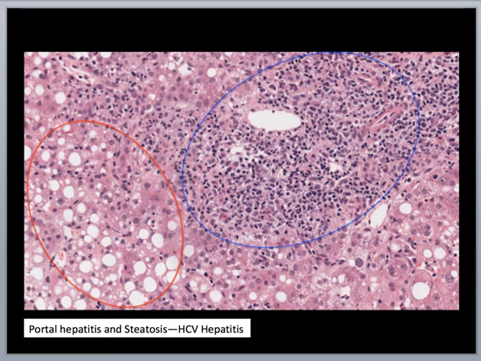And remember that HCV is somewhat unique in that it's associated with metabolic syndrome. Now we'll be talking a little bit more about metabolic syndrome and non-alcoholic steatohepatitis in one of the upcoming cases. So we'll put that more together later. But for right now, just remember the concurrence of chronic hepatitis plus steatosis. Be thinking about HCV hepatitis.